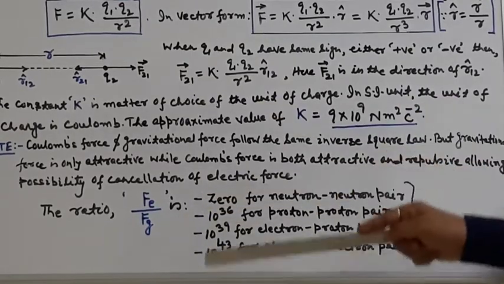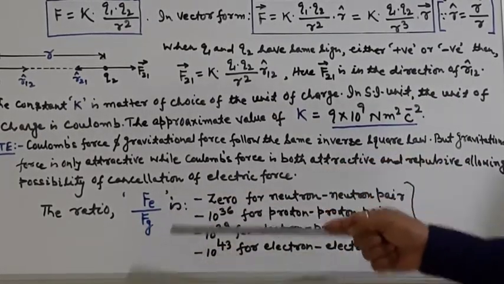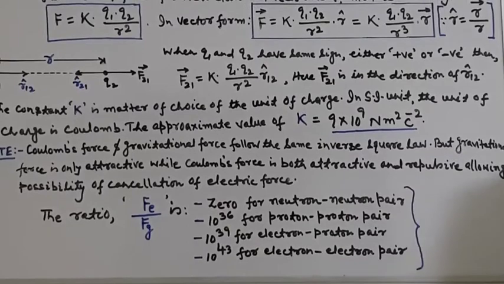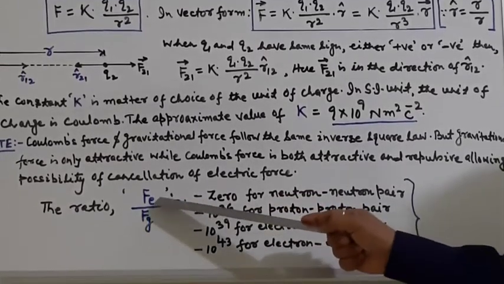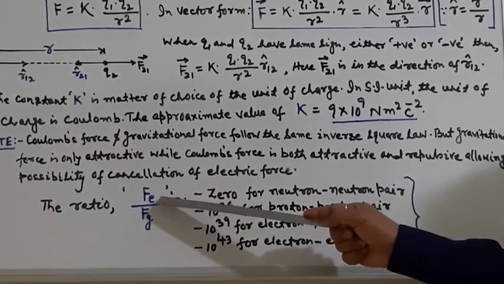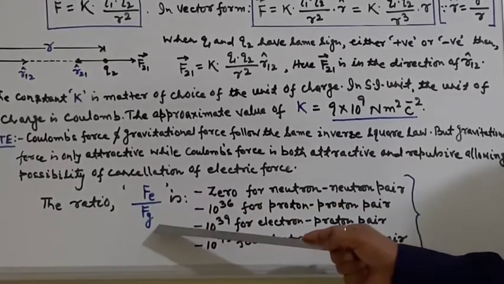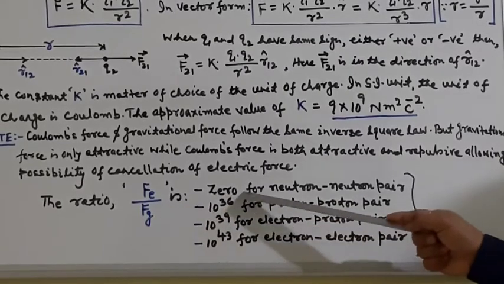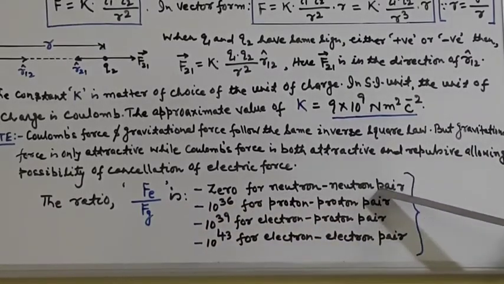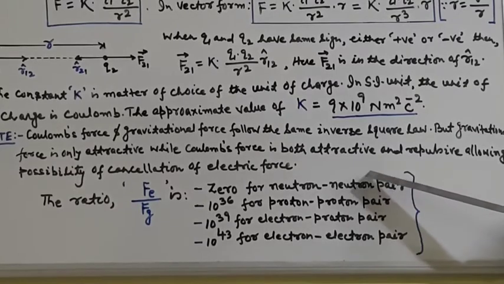So what will be the ratio of the electric force and the gravitational force? A few ratios I have noted down over here. The ratio of Fe by Fg, where Fe stands for the Coulomb force or electric force and Fg stands for the gravitational force. Fe by Fg is 0 for neutron-neutron pair. It is calculated.